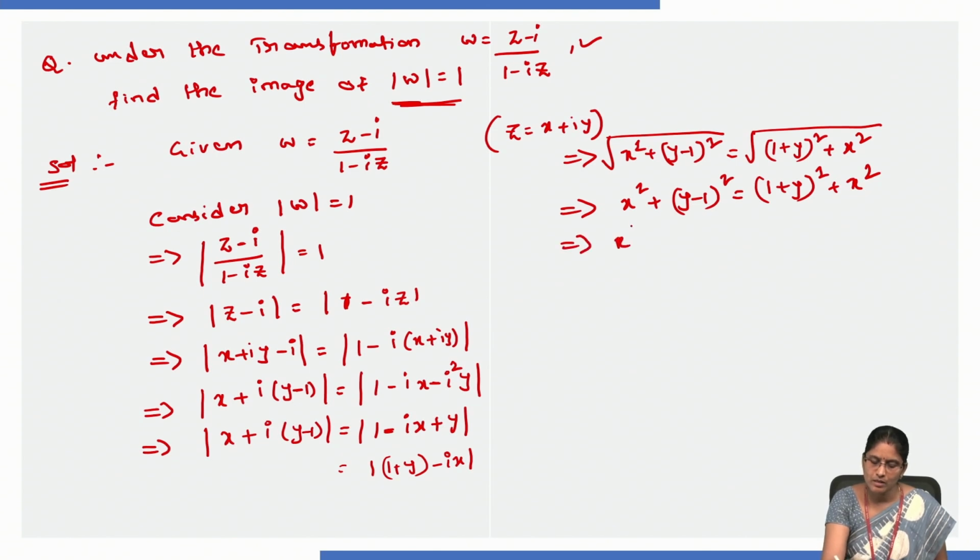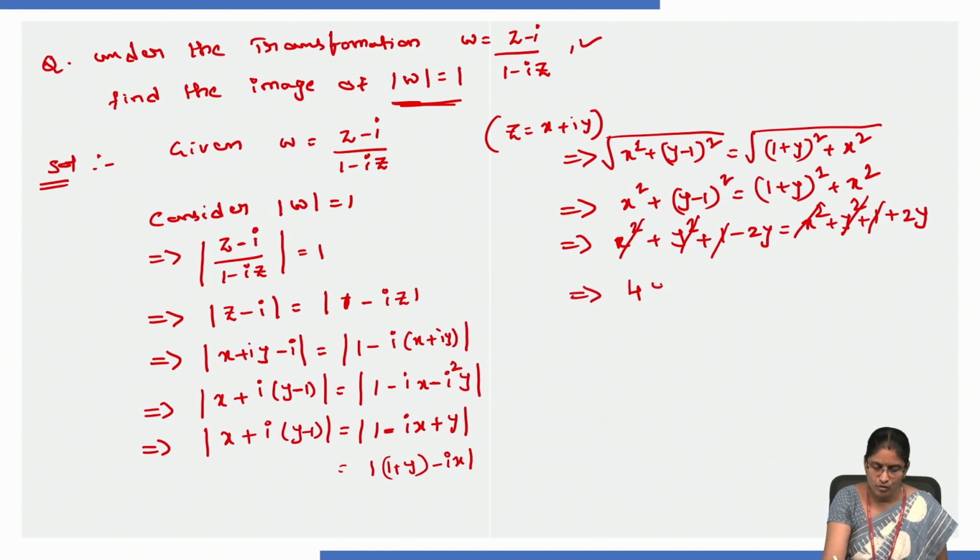Expand this: x square plus y square plus 1 minus 2y is equal to x square plus y square plus 1 plus 2y. x square cancels, y square cancels. Here 1 is there and here also 1 is there. We get 4y is equal to 0, or y is equal to 0.